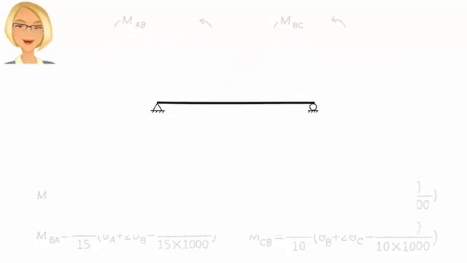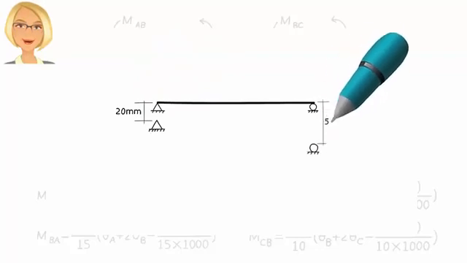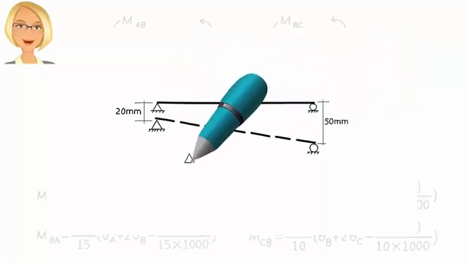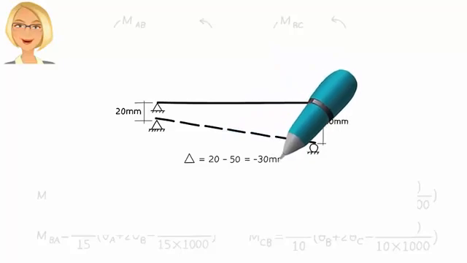If the left end of the segment settles by 20 millimeters and the right end settles by 50 millimeters, what value should we use for delta? Since delta is differential vertical displacement, we should use 20 minus 50, or negative 30 for delta. Why the negative sign? Because these end settlements force a clockwise rotation of the segment.